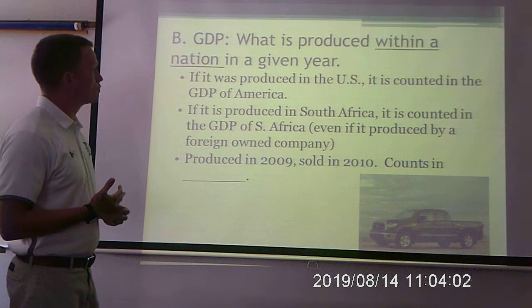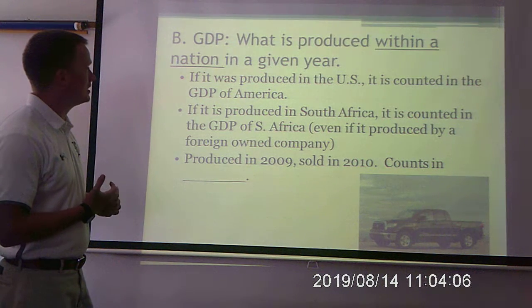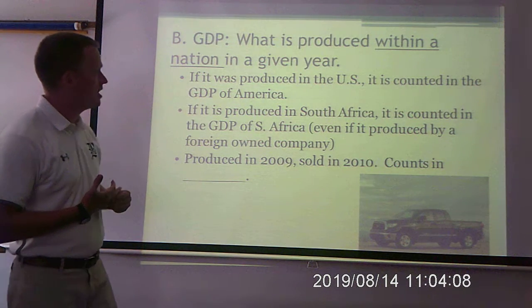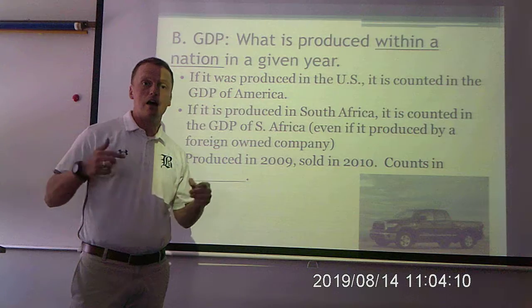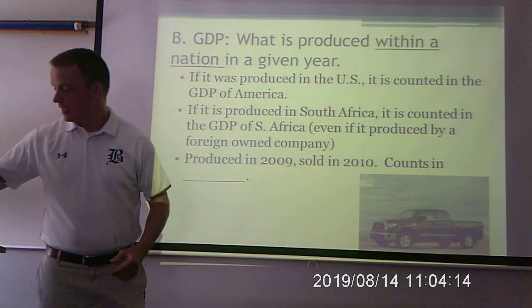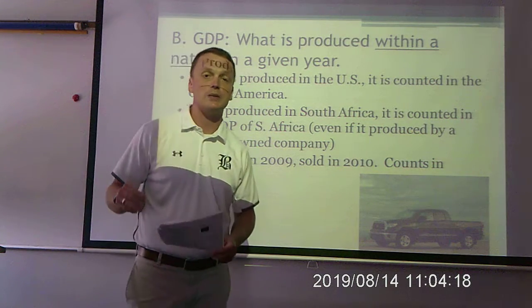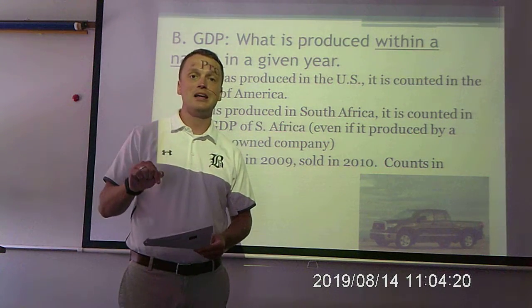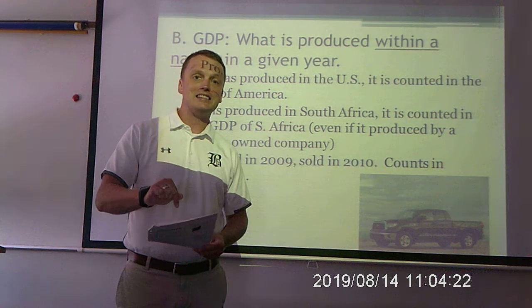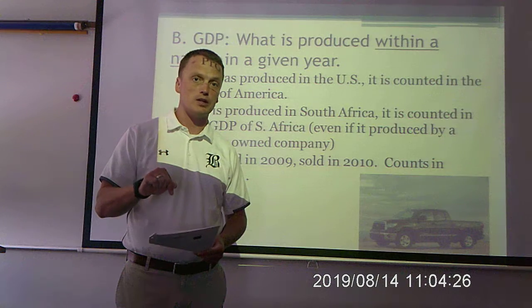GDP, what is produced within a nation in a given year? If it was produced in the U.S., it is counted towards GDP in America. It doesn't matter if it was a foreign country producing, it doesn't matter if it was a foreign company that resides in the United States that produces the product. If it's produced in the U.S., it's U.S. GDP.